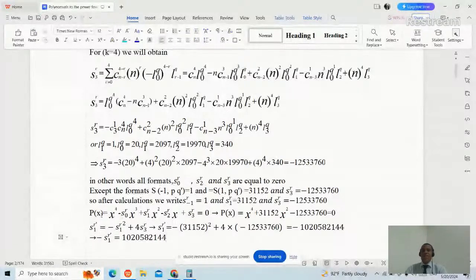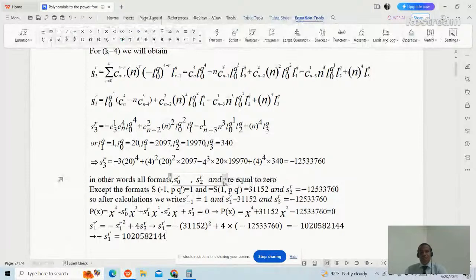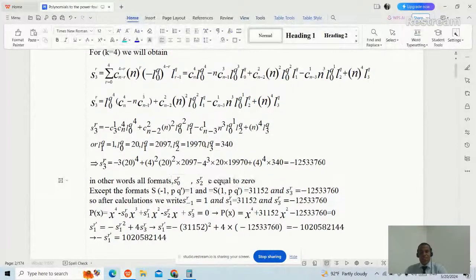It can be written as E of x equal x4 minus s0r x3 plus s1r x squared minus s2r x plus s3 equals 0. Therefore, you can see that s0 is 0 and s2 is 0, as we calculated before. It remains only s3.